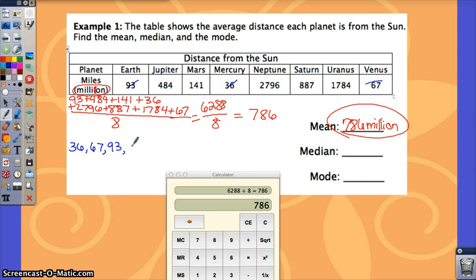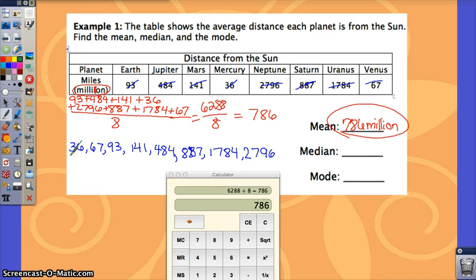Then I see a 141, 484, 887, and then 1,784 and 2,796. So we have quite the spread here of data. We have an even number of values. So I know I'm not going to have just one number in the middle. I'm going to have multiple.